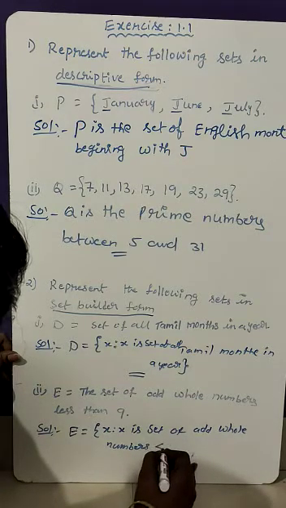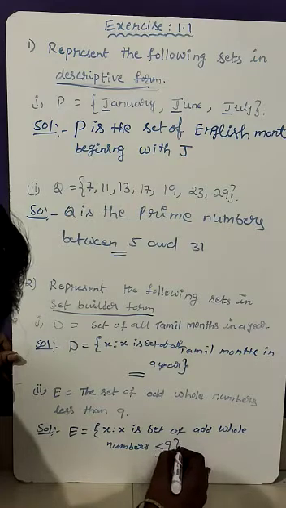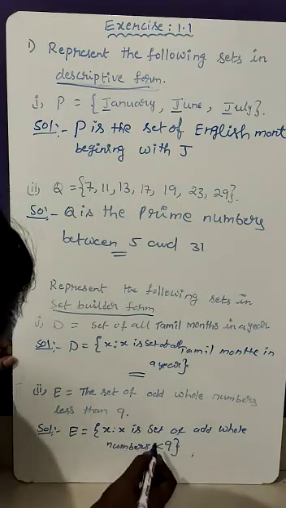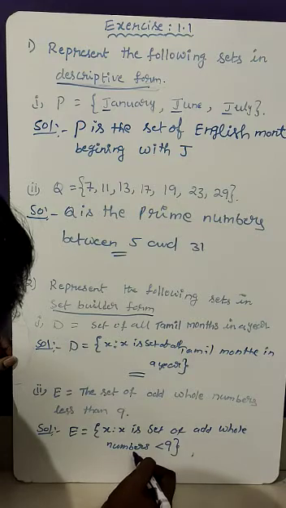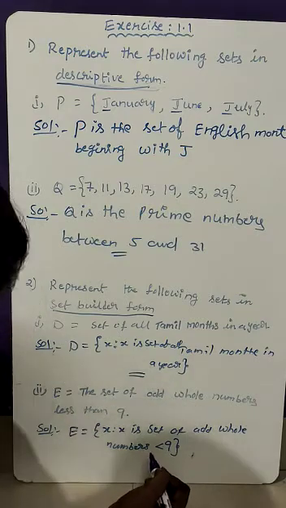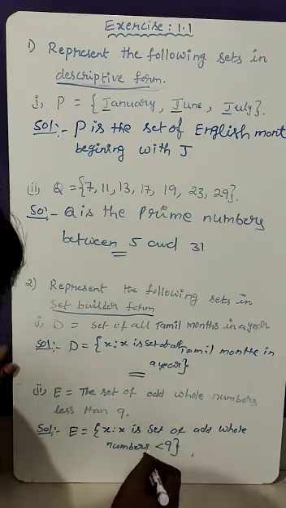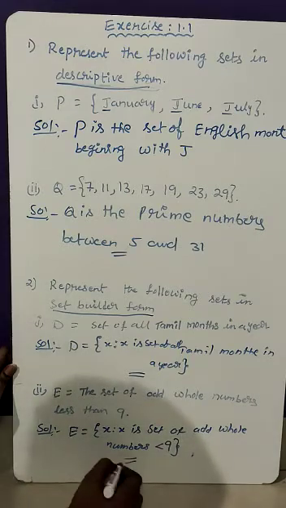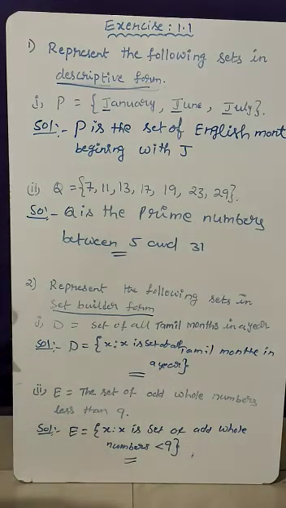You have to use the symbol also, that is less than 9. Whole numbers are denoted by capital W. So this is another example of set builder form.